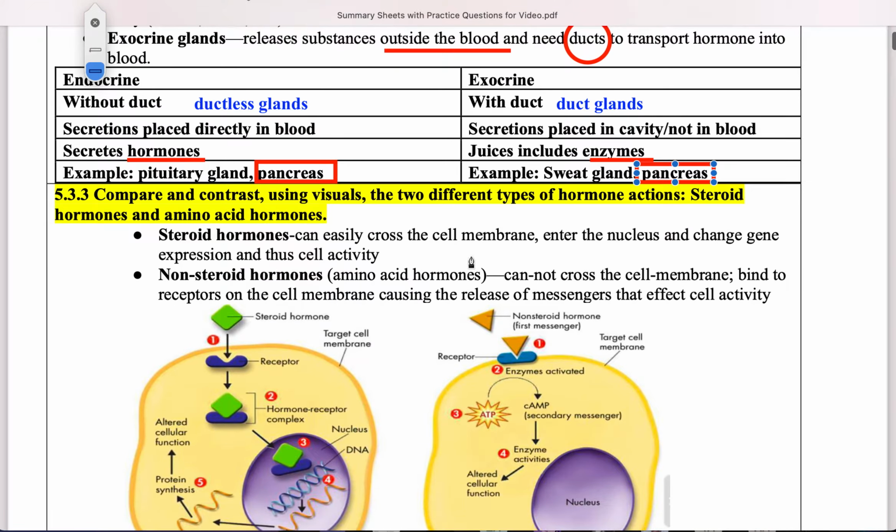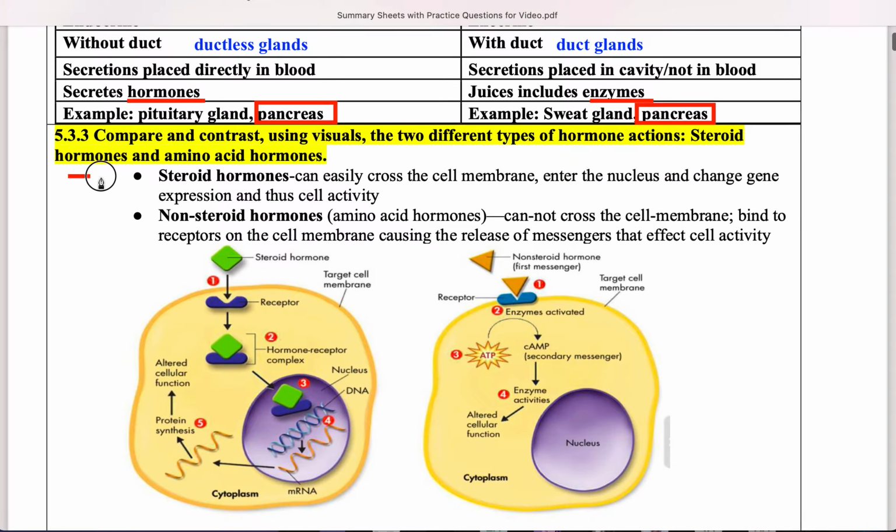Hormones are also of two types. One type is known as the steroid hormone, which is mainly lipids, and they can easily cross the cell membrane. You don't see any receptor needed in the cell membrane. But the second one is the non-steroid hormones, which are mainly amino acids, proteins, or peptides.